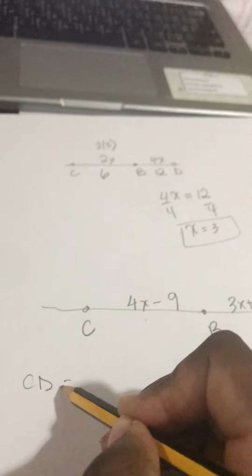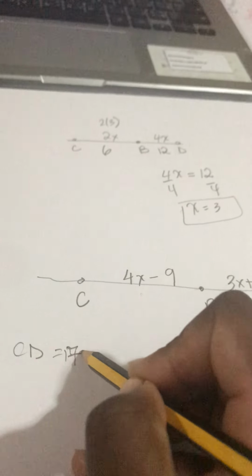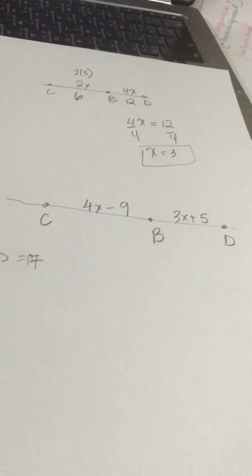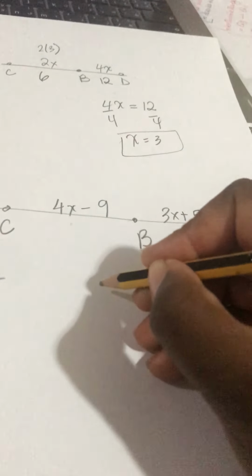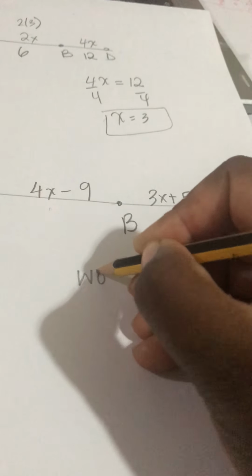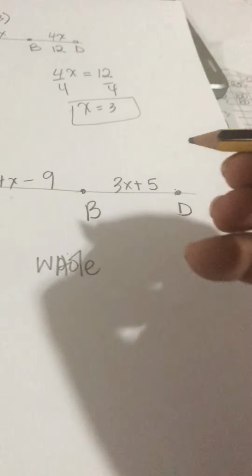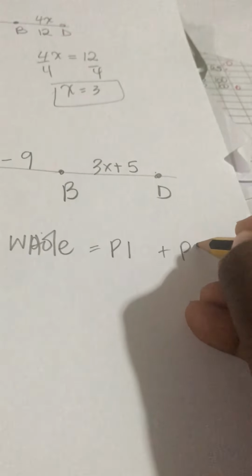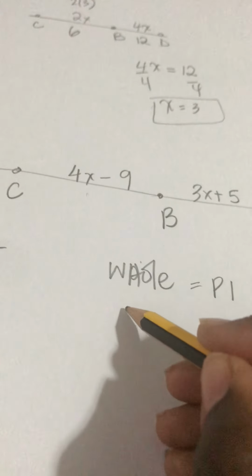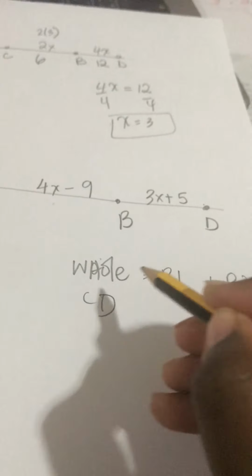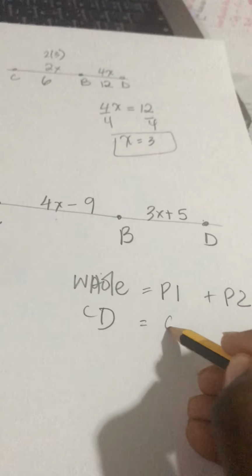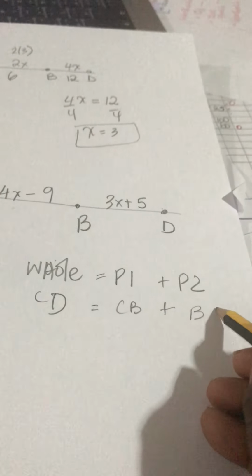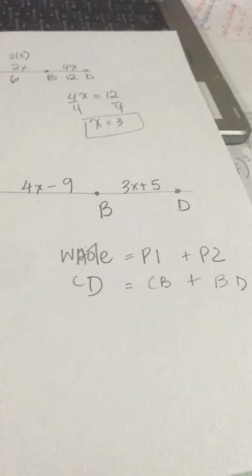And CD is 17. So now I write my equation. I can either add or subtract. It doesn't matter. So I write whole equals part 1 plus part 2. My whole is CD. My parts are CB plus BD. Okay?